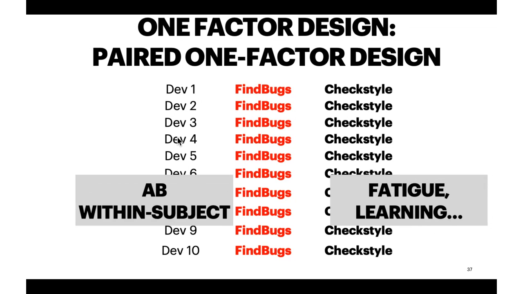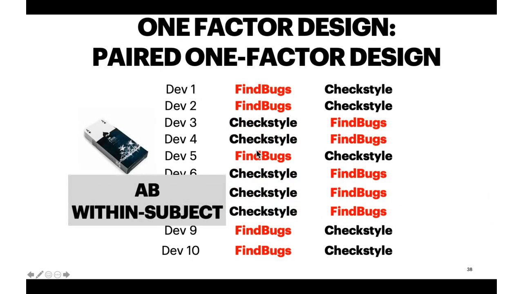So this is why usually when we are talking about paired one-factor design with human subjects, we use randomization, but we do not randomize who is doing what, because both groups of people are going to use the same tools, but the ordering of those tasks.